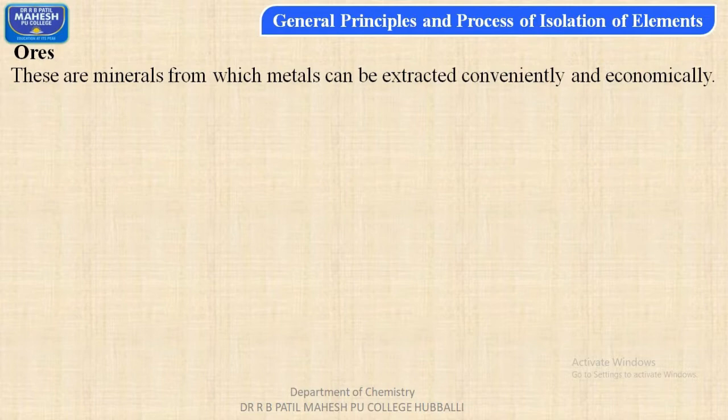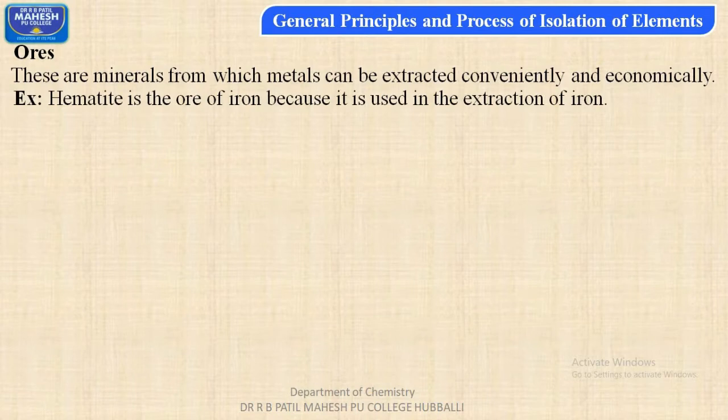If the metals are extracted conveniently as well as economically from a mineral, then such a mineral is called an ore. For example, hematite is a mineral, but it can be called an ore. Why? Because it is used for the extraction of iron.